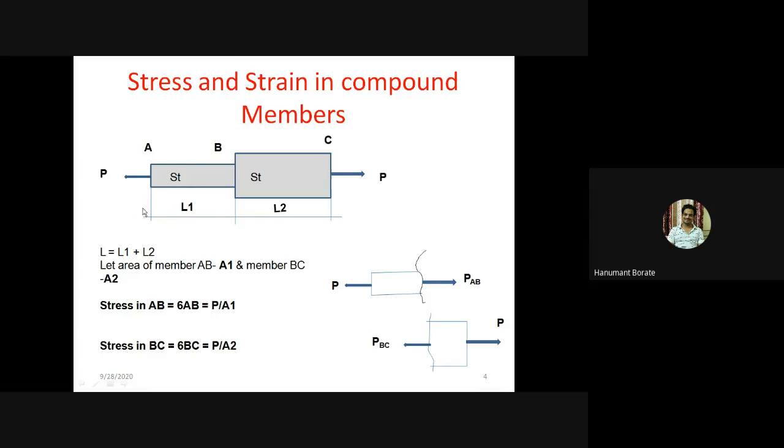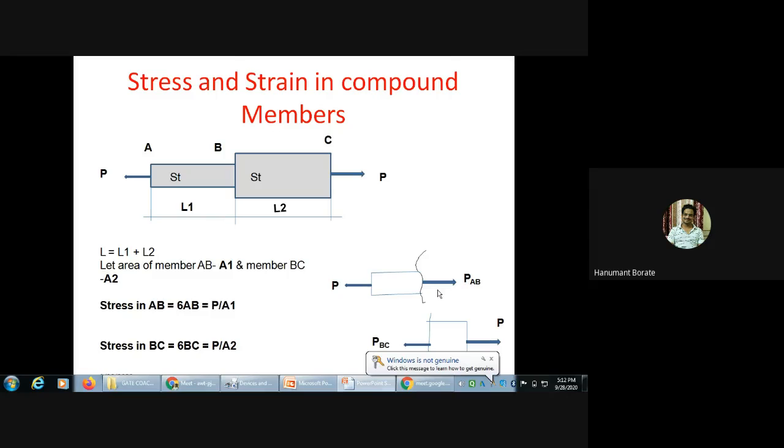This P force goes in the left part, and the other at the extreme right goes in the right part. Okay. Now this internal force, we need to find out. Let this force be PAB. We don't know the magnitude and direction of this internal force, but here we assume that the force is tensile and magnitude is P.